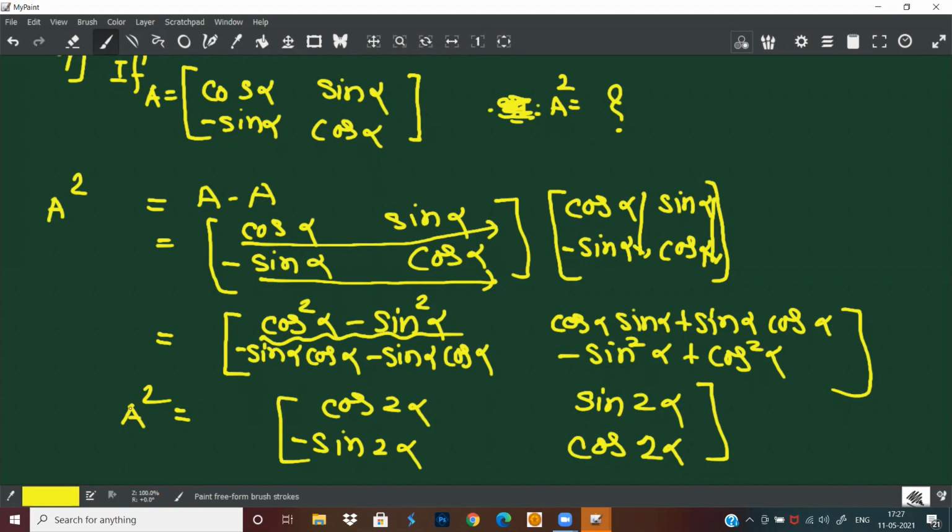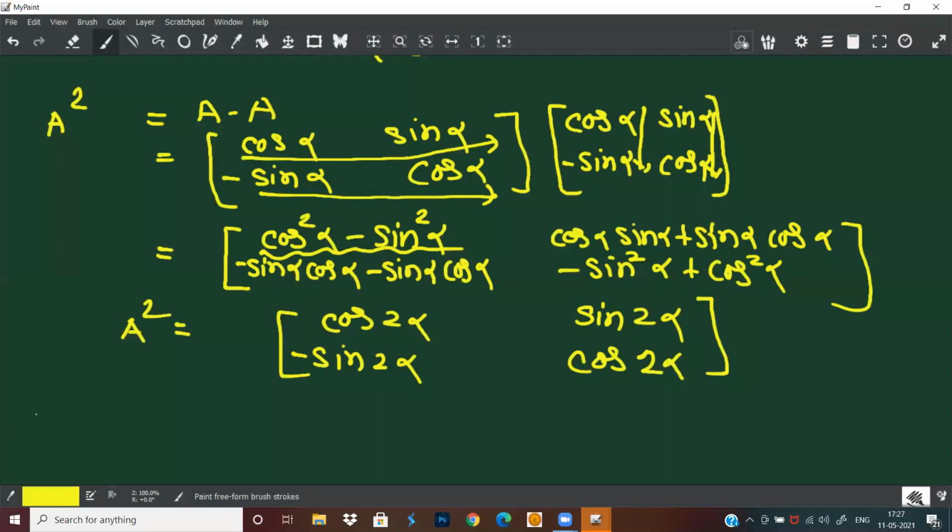All of you understood? Now this you can try independently.